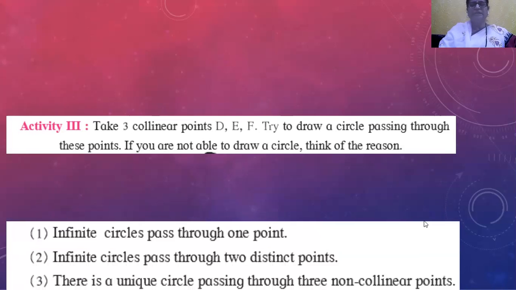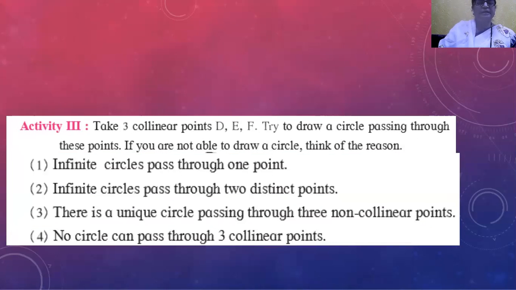Here, what we have studied today: we have studied that infinite circles pass through one point. First activity is done. Then in the second activity we have seen that infinite circles pass through 2 distinct points.